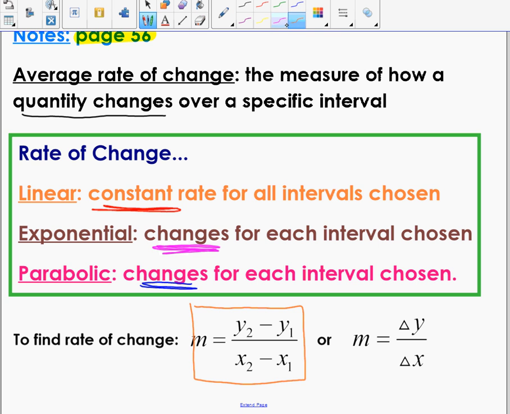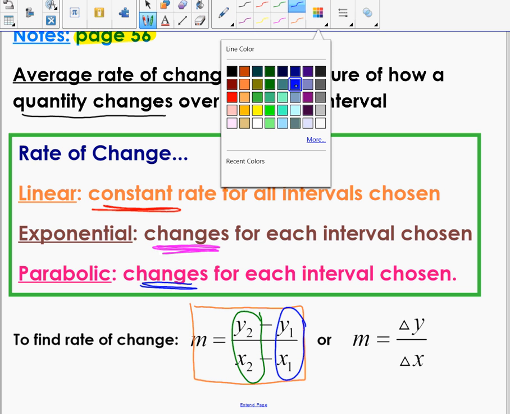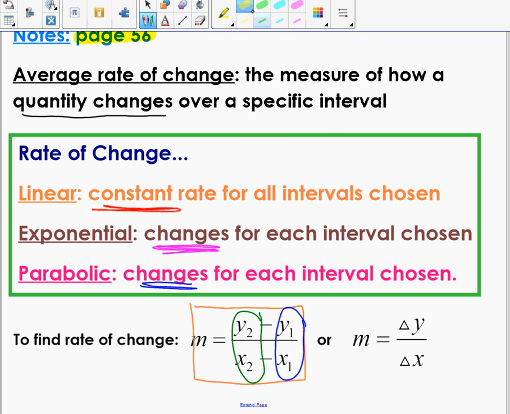And remember, it doesn't matter what set of points you start with, but this needs to be the same coordinate point (x, y), and this needs to be the same coordinate point (x, y). And then just don't forget that every single time we're finding the change in x, you're going to be subtracting when you do the formula.